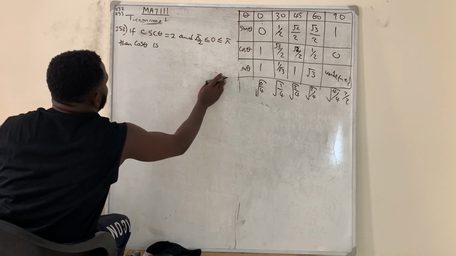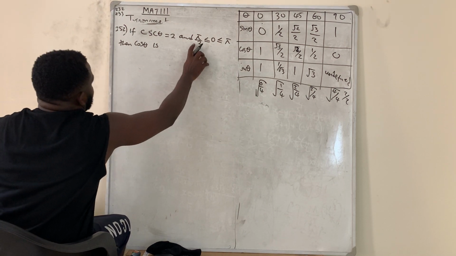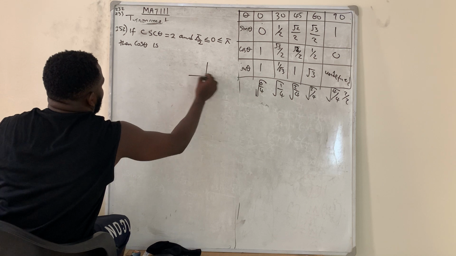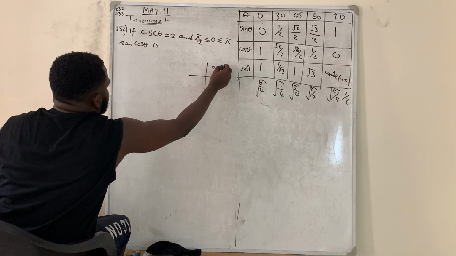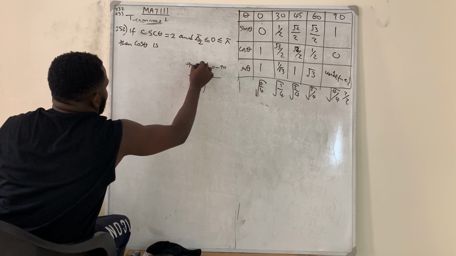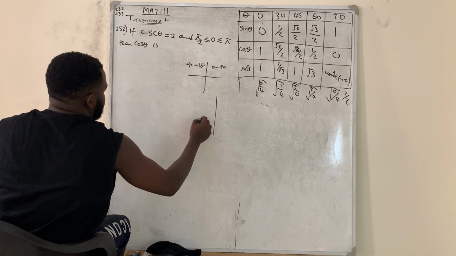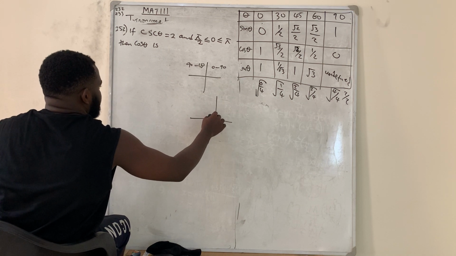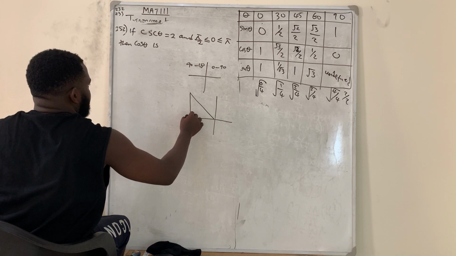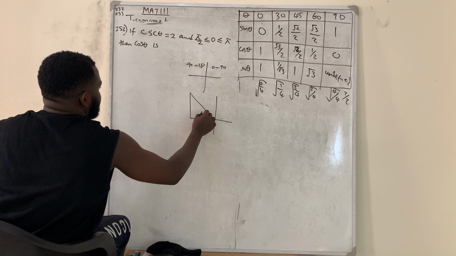The only thing is that they say theta falls between 90 and 180. So if you draw your quadrants, 0 to 90, then 90 to 180, it's in this side. So I draw this like this, and here is my theta.